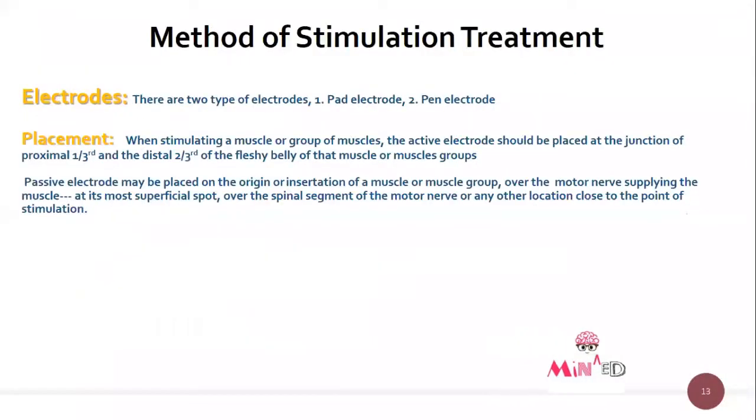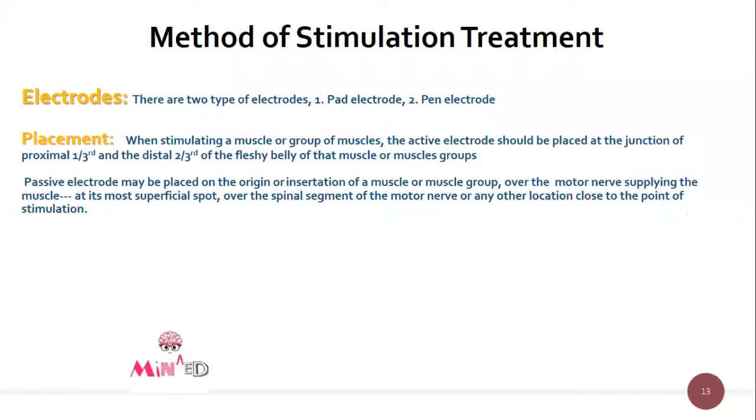Methods of stimulating current. There are two types of electrodes we use, one is the pad electrode, one is the probe electrode. Placement: if you want to stimulate a muscle, you have to know the proper placement of the pad electrodes or the pen electrodes.